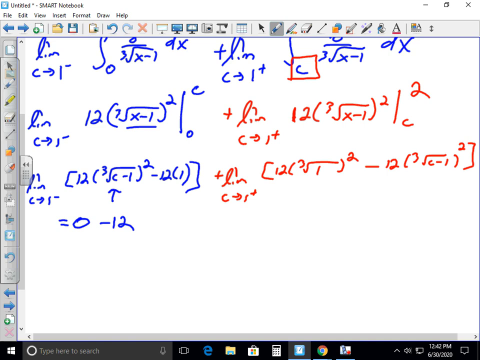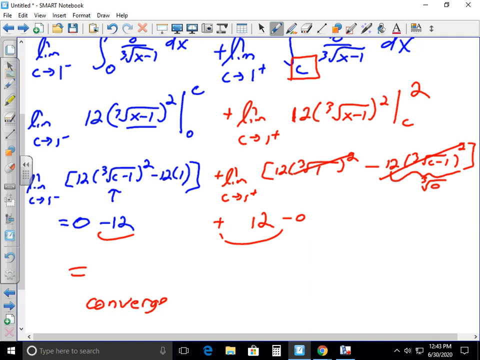Okay, so the cube root of 1 squared, that's 1 times 12. When we take the limit of a constant, we still get 12 there. For this part, if c approaches 1, we get the cube root of 0, so all of that goes to 0. So we end up with negative 12 plus 12, so this one converges. We're not going to an infinity, we're just going to converge on this one.